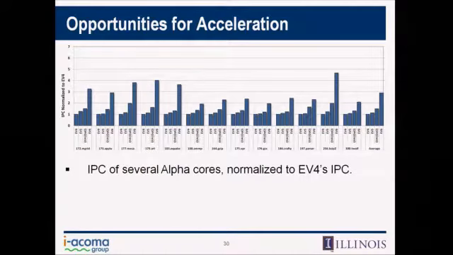To see how much speedup we can potentially get, I have a study that shows the IPC of different Alpha cores normalized to the simplest one. From left to right: 2-issue in-order, 4-issue in-order, 2-issue out-of-order, and 6-issue out-of-order. The 6-issue out-of-order is similar to the EV6.